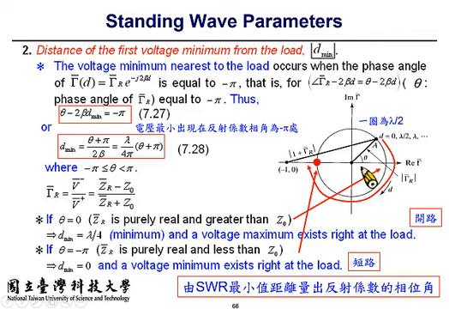Okay? But eventually, what we want to know is the value theta, which can be found by knowing the wavelength lambda and the distance to the first voltage minimum. Okay?